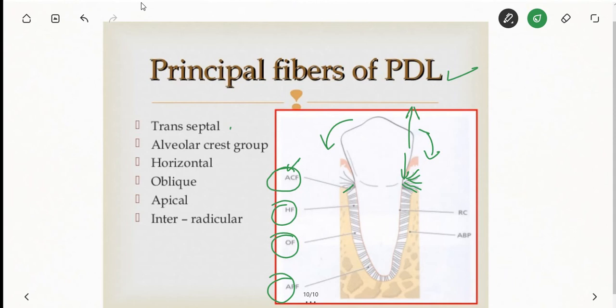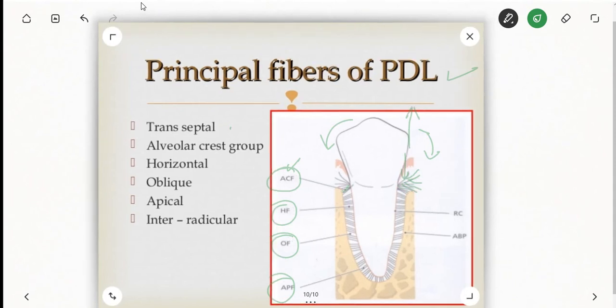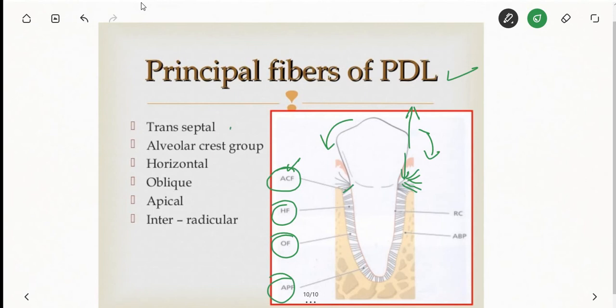They are at right angles to the long axis of the tooth, from the cementum to the alveolar bone. These fibers are almost parallel to the occlusal plane of the arch. They resist the horizontal forces and tipping forces.